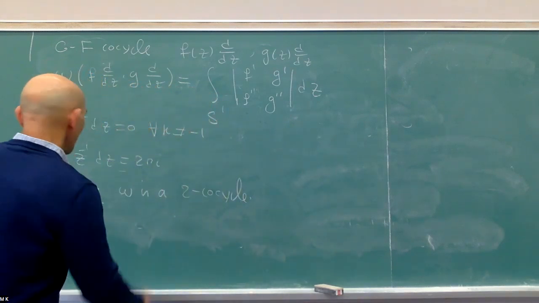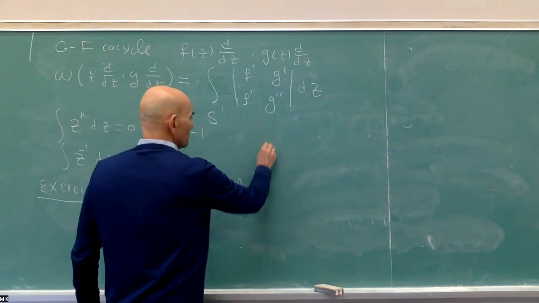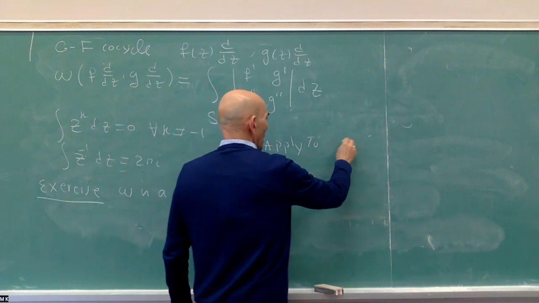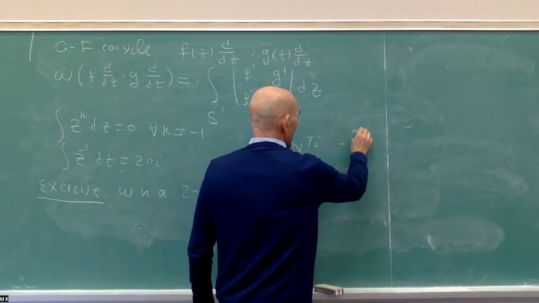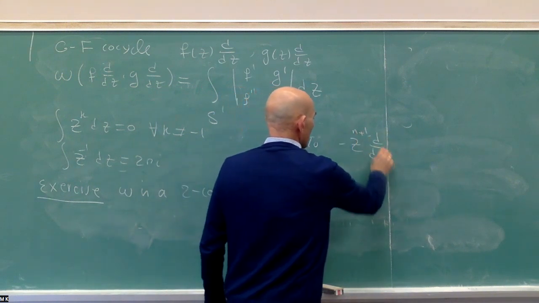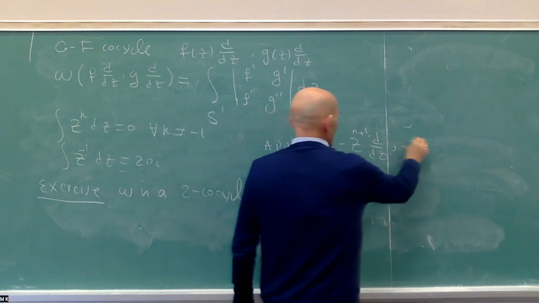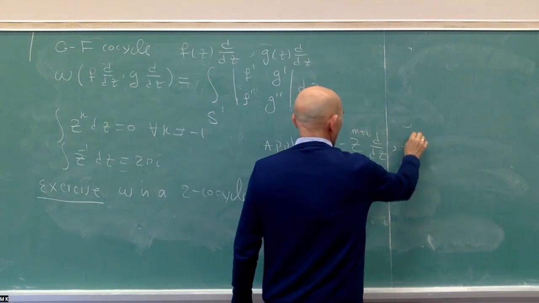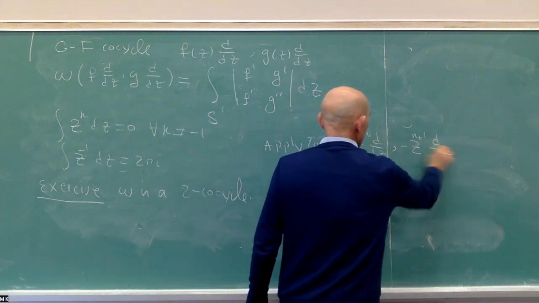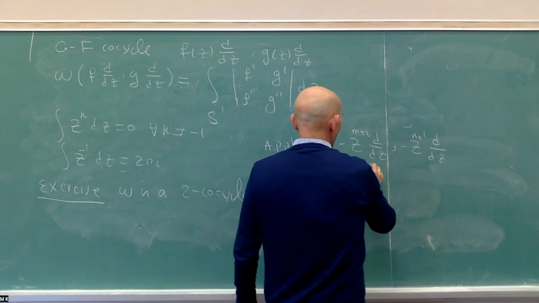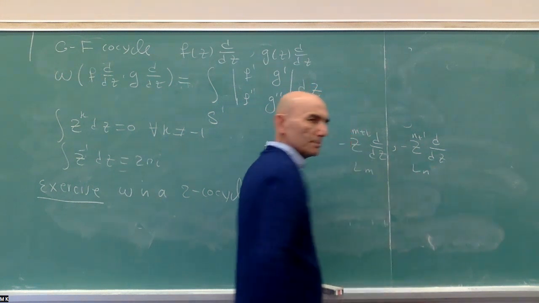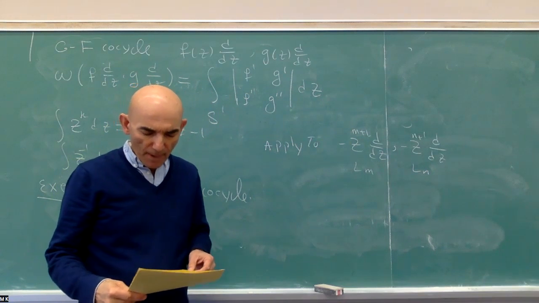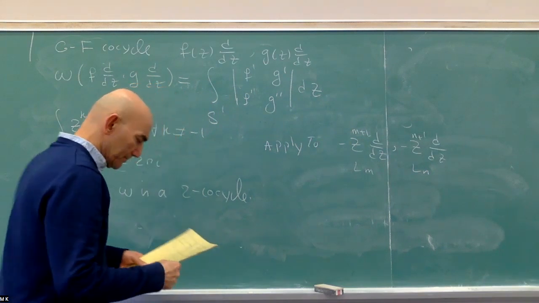Because, so apply this to minus z^(n+1) d/dz and minus z^(n+1) d/dz. So Ln and Ln, right? So let's see what is omega of Ln and Ln.